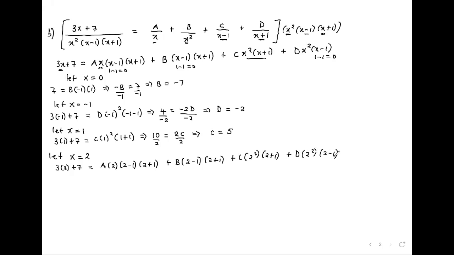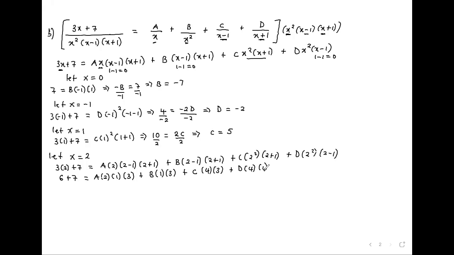What are we getting? We are getting 6 plus 7 is equal to a by 2 by 1 by 3, plus b by 1 by 3, plus c by 4 by 3, plus d by 4 by 1.